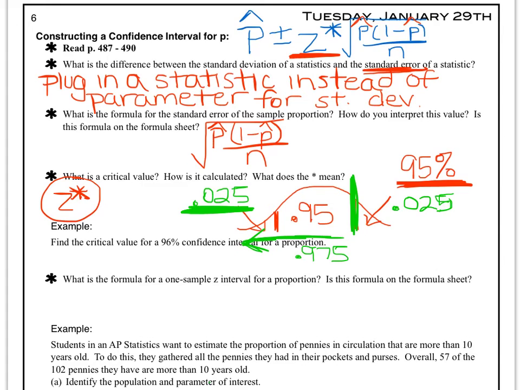I could look for that value in my Table A. And I need to look then to the sides and the top to see what Z-score goes with it. In this case, with a 95%, it's going to be 1.96. Okay? Because they're symmetric, this Z-score would be negative 1.96. See that they are the same number. One's negative and one's positive.